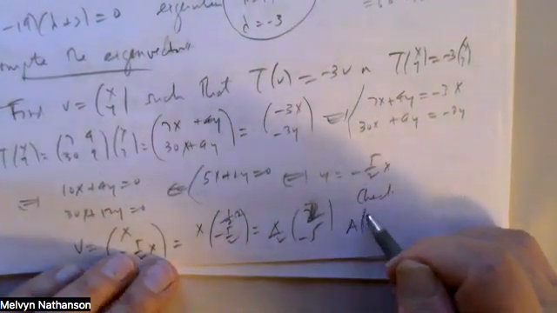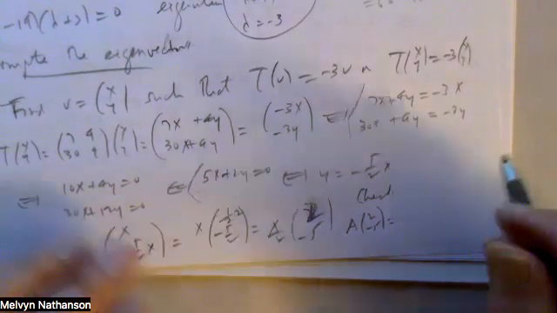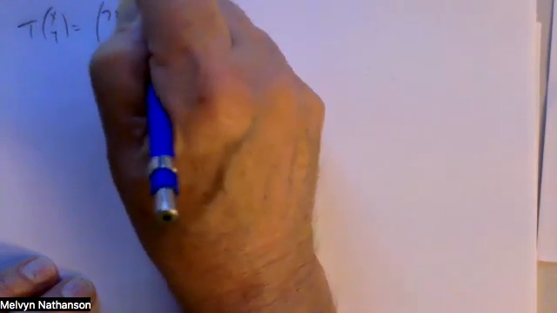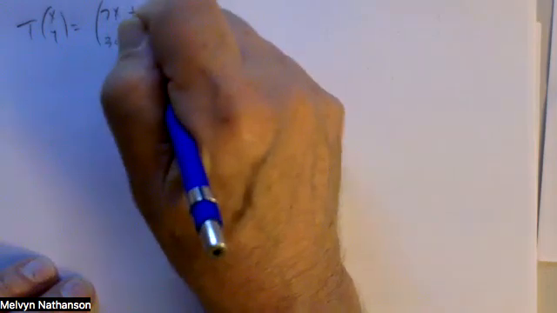What is A applied to the vector 2, minus 5? Let me do it where I have some room. T of (x, y) is (7x plus 4y, 30x plus 9y).